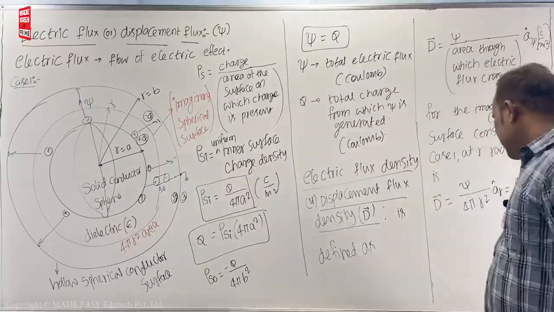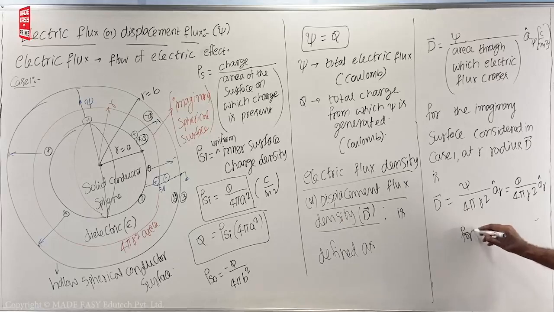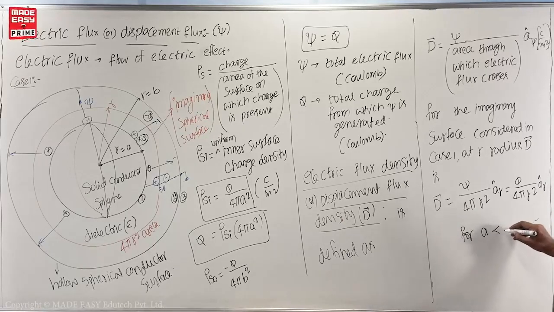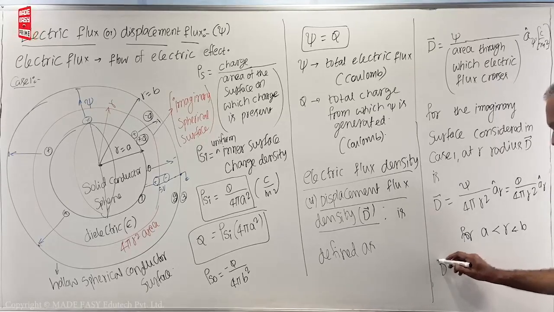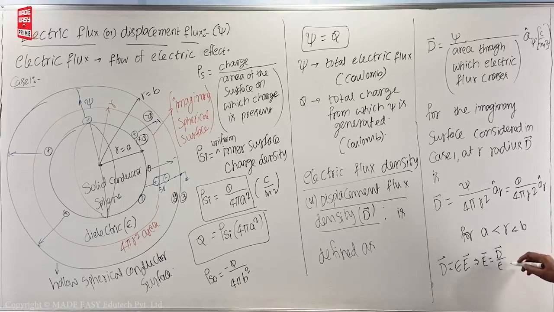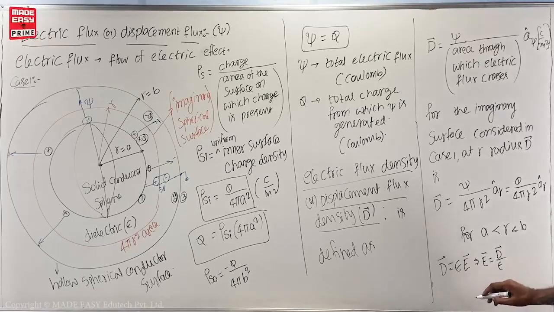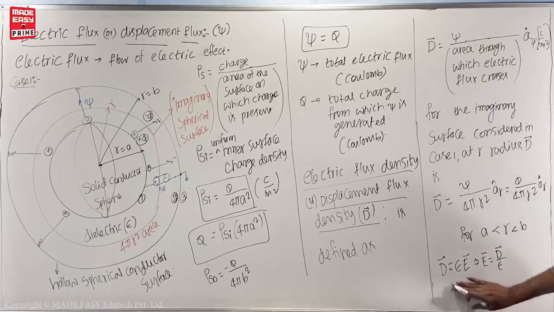So what is the D bar equation here? This is for A radius to B radius. Similarly, one formula is D equal to epsilon E. From this, E equals D bar by epsilon.